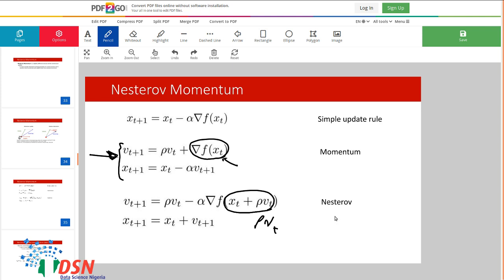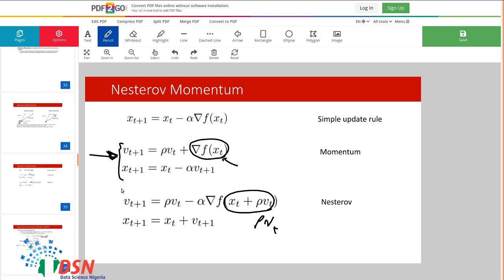The reason is that we have better convergence theorems for Nesterov Momentum, but they are not really practically different for us.